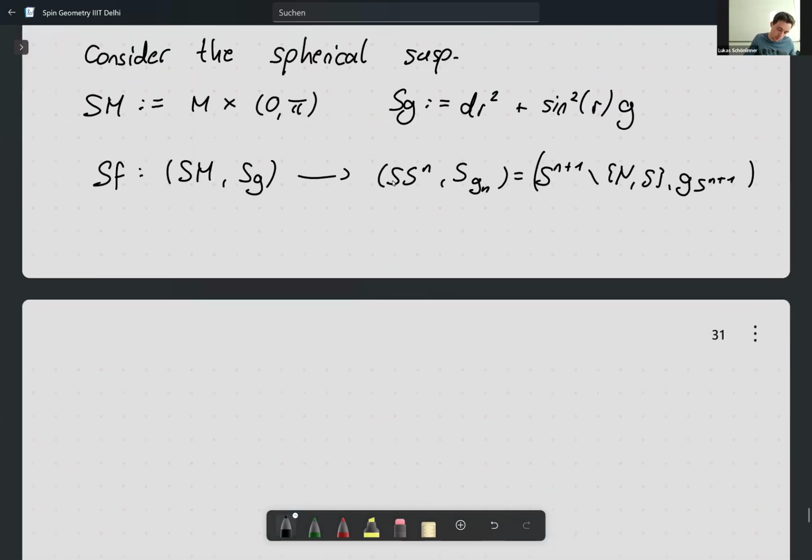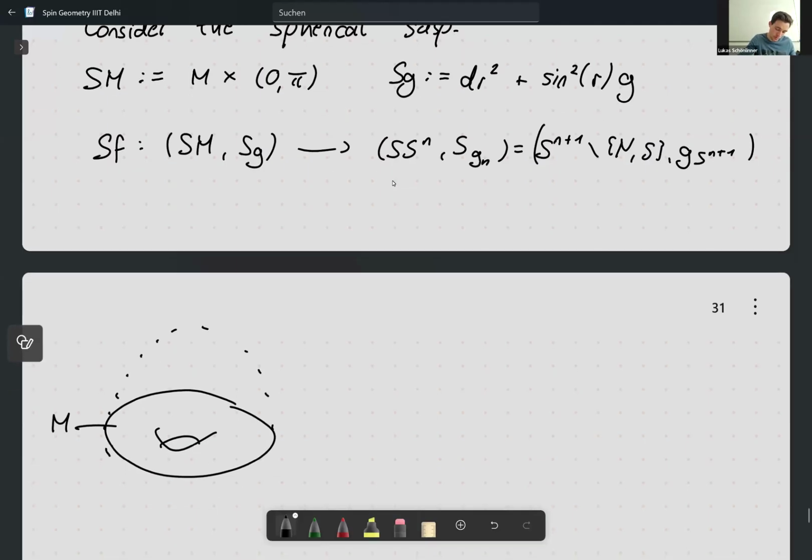So in pictures, you can think of some manifold here, which is supposed to be M, and then you consider such a suspension, where this M gets scaled when approaching the points at the north and south pole.